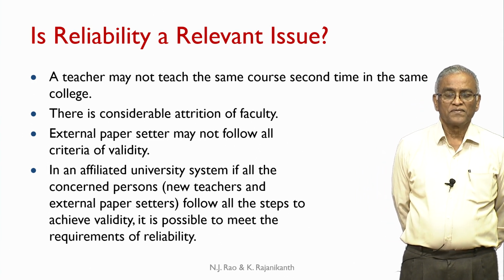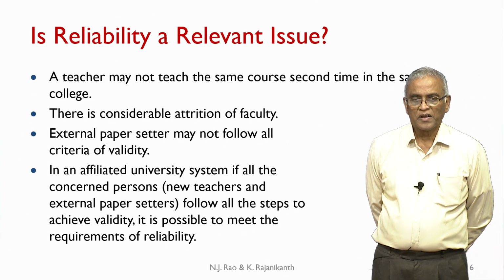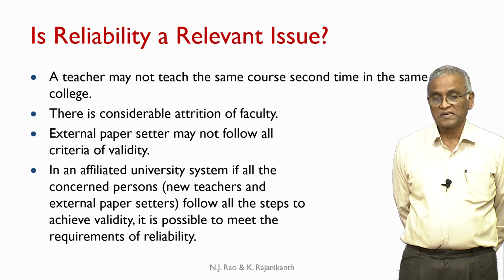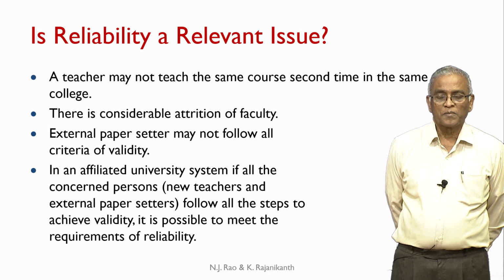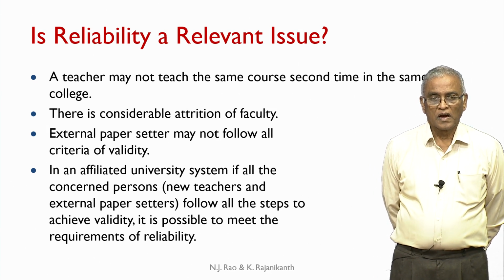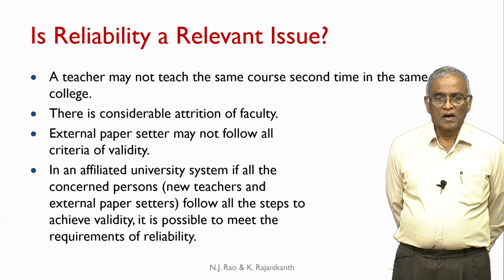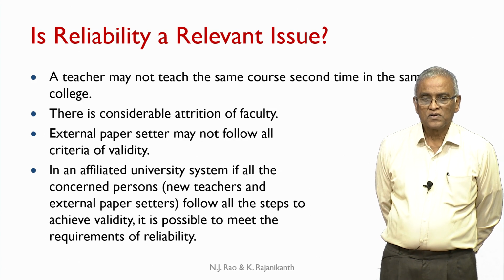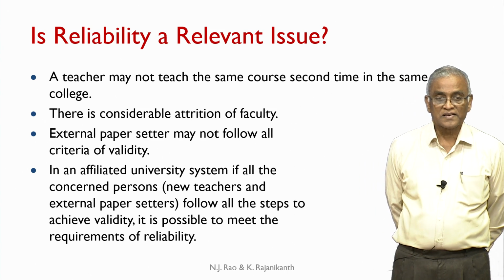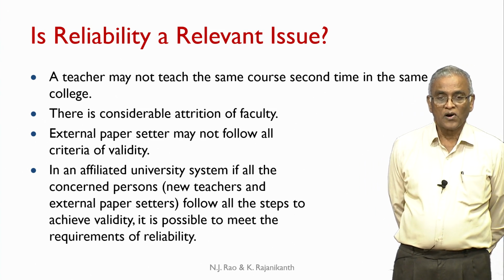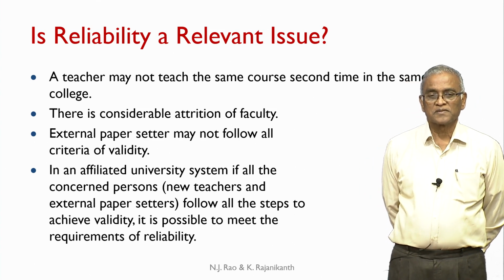And in an affiliated system, the external paper setter may not follow all the criteria of validity, because you can inform them, but they may or may not follow, and it may be difficult to insist on that. In an affiliated university system, if all the concerned persons, new teachers and external paper setters, follow all the steps to achieve validity, it is possible to meet the requirements of reliability.